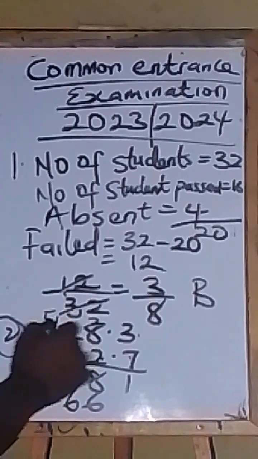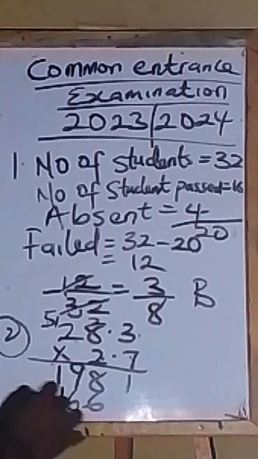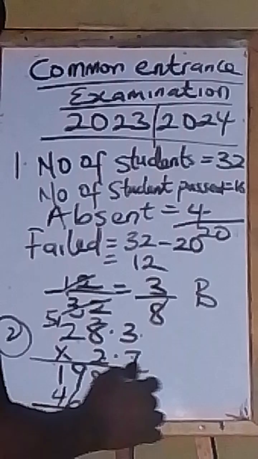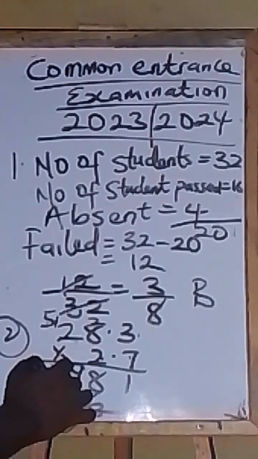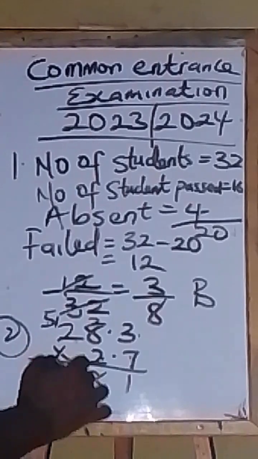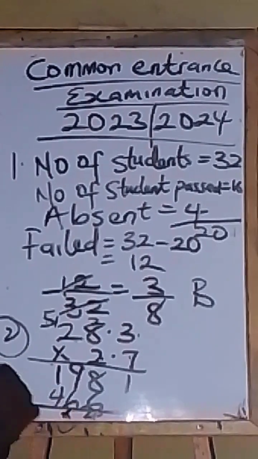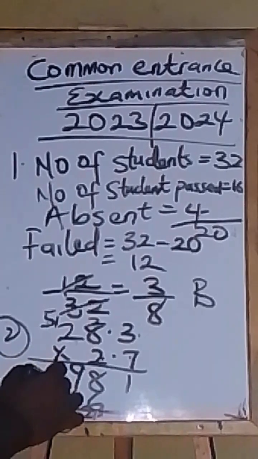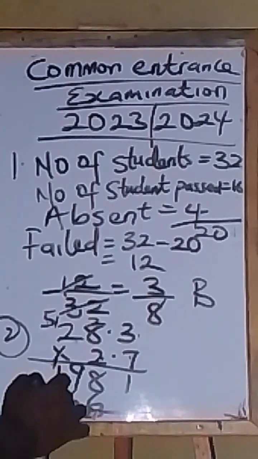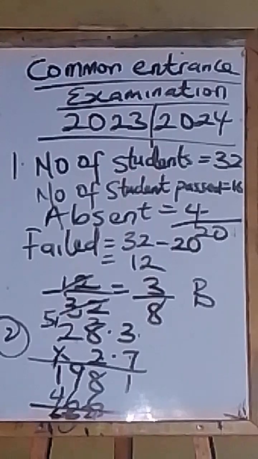Keep 1. 2 times 2, 4 plus 1, we have 5. So we add up. 9 plus 6, 15. 15 plus 1, that's 16. 1. 1 plus 1, 2. 2 plus 4, 6.